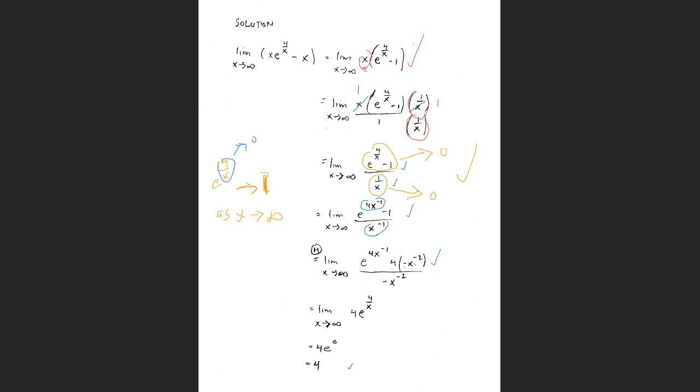All right, so we differentiate the numerator and denominator. I had to use the chain rule to find the derivative of the numerator. And then nice things happen here. We get some simplification.